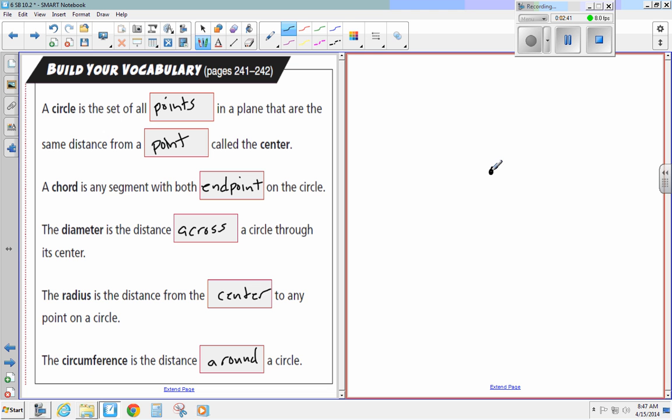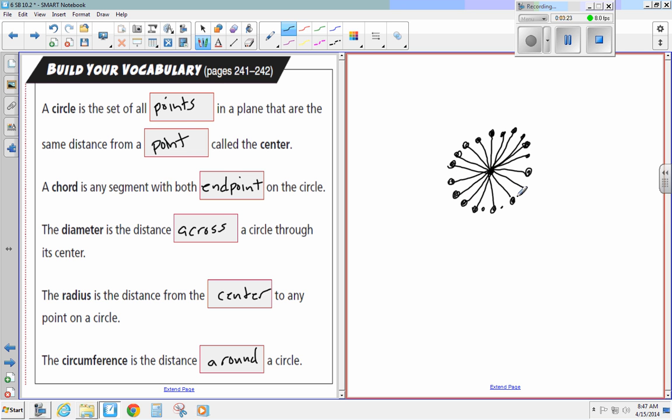Here's the center. And if we go one radius out, there is a point. A radius out, here is a point. A radius out, here is a point. And pretty soon, you should start seeing that if you kept making these points forever, you'd end up with a line that is the same distance, or equal distance, from that center.